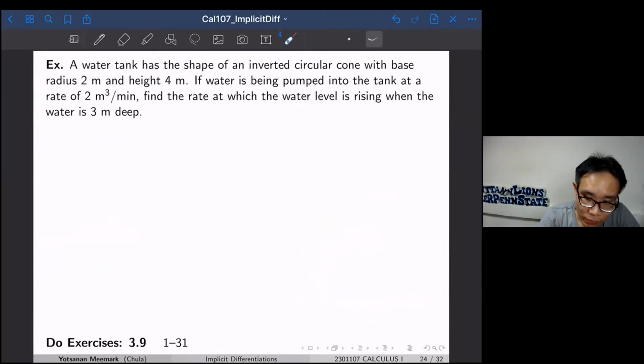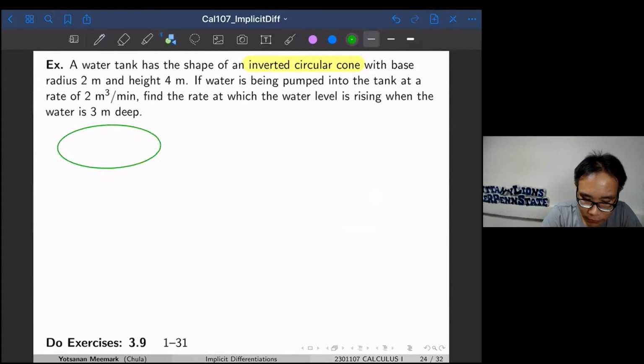Okay, so first of all, you have to draw a picture. You need to draw an inverted circular cone. An inverted circular cone is a cone that is upside down, so it's going to look like this. So you're going to have this picture.